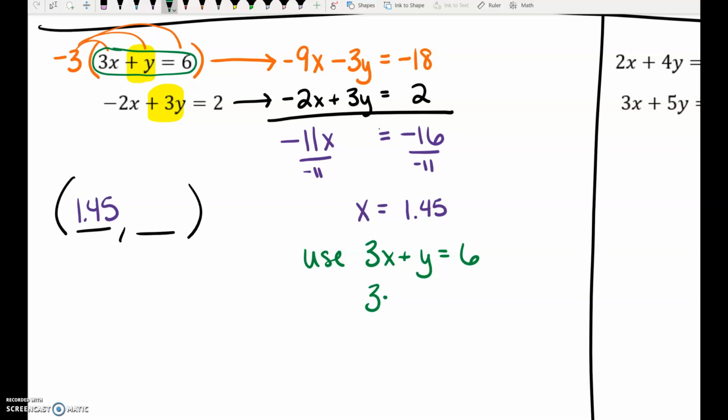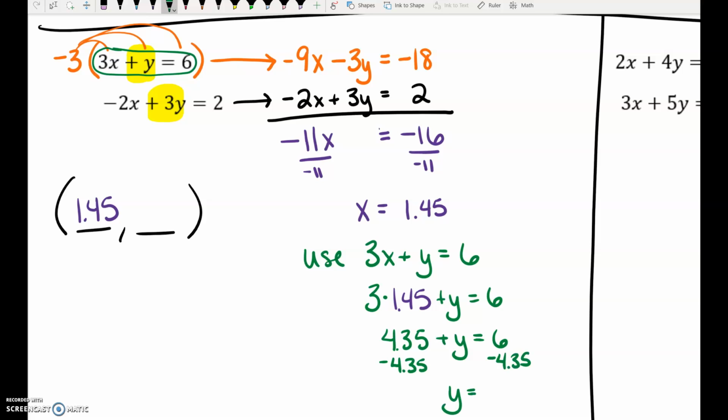So 3 times this x value, 1.45, plus y equals 6. 4.35 plus y equals 6. I get y is 1.65.